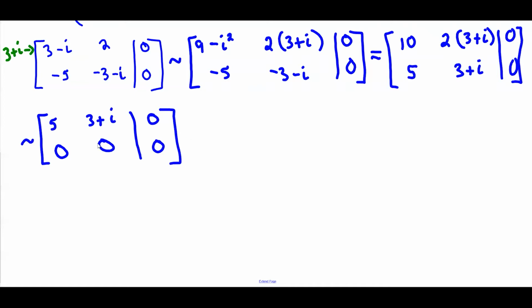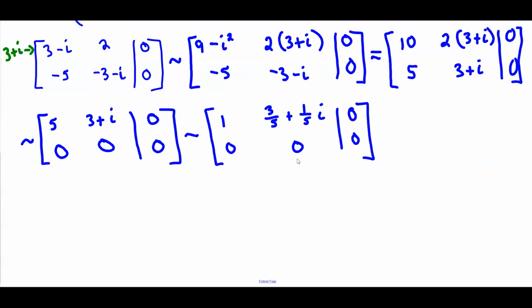So now we could divide by 5. We want to reduce it all the way. So I get 1 and then 3/5 plus 1/5 i.